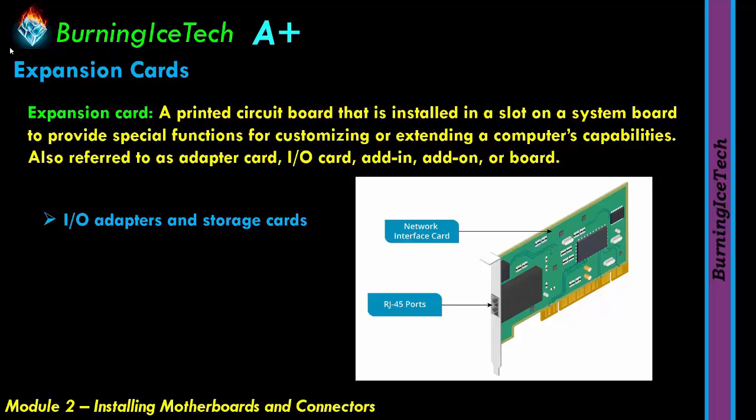So these input-output adapters or storage cards, like I said, this could be something like a sound card. That'll be an example of an output card. It could be maybe an additional external network card. So this could be a NIC, network interface card. Most motherboards, including laptops, already have an RJ45 port, which is your normal network cable.